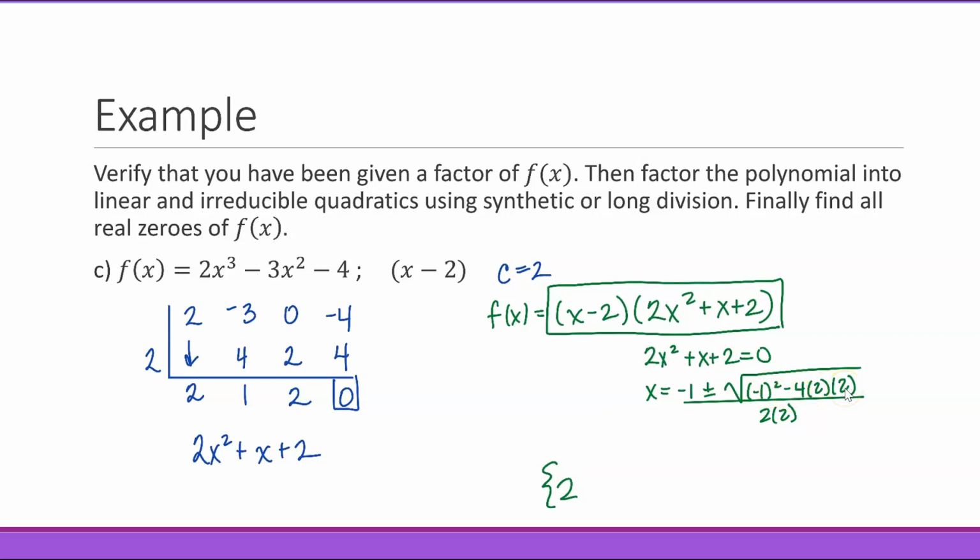Well, 1 minus 16 is a negative number, so it's negative 1 plus or minus the square root of negative 15 over 4. Now, a negative underneath the square root gives us an imaginary number. It doesn't give us a real number. So there are no other real zeros here, right? So my note that I'm going to put right here is that this is non-real, right? The second I have a negative underneath the square root. So that means the only real zero I have is 2.